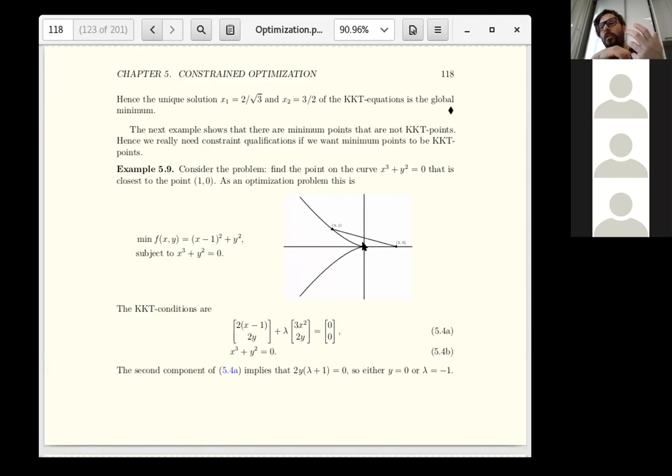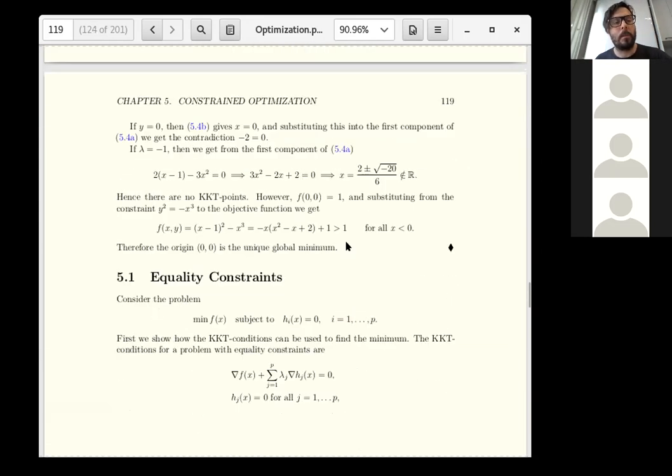And that's a situation where we have to double check. So be mindful of that. If the constraint functions have zeros of the gradient, then it is possible that those points might be optimum points, even though they don't satisfy the KKT conditions. That's the important thing to take away from this example 5.9.